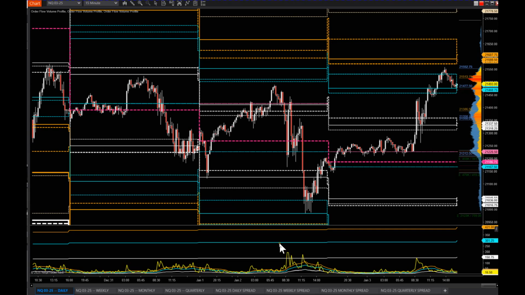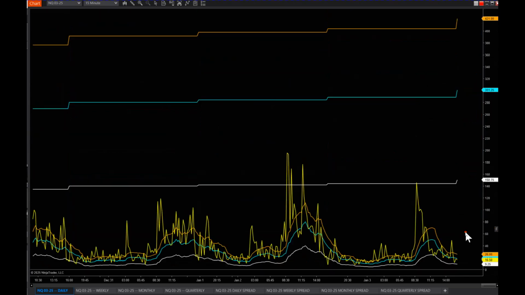And I can mix the distributions up. The lower distribution on the oscillator, let me maximize this so you can see it, has a 14 period, and this 14 period distribution is of this 15-minute time frame. Then I have a 1 period of this 15-minute time frame on the chart as well for the oscillator.